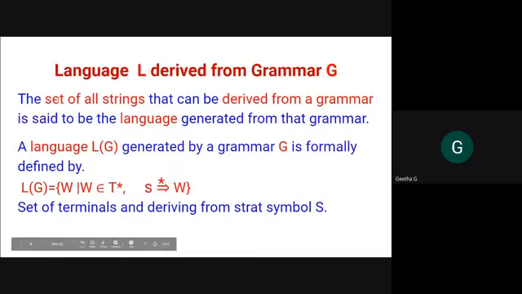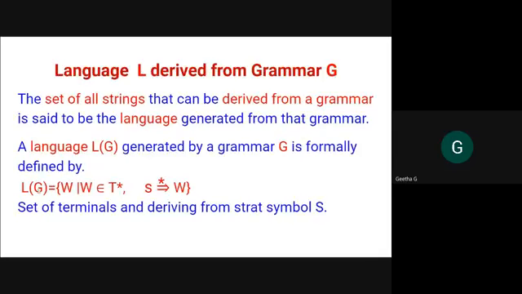The set of all strings that can be derived from a grammar is said to be the language generated from that grammar. These are things we already saw in an example. So this is the formal definition. They may ask it for 2 marks, in this format. LG contains the string W, where W contains only terminals because it's generated by a grammar.